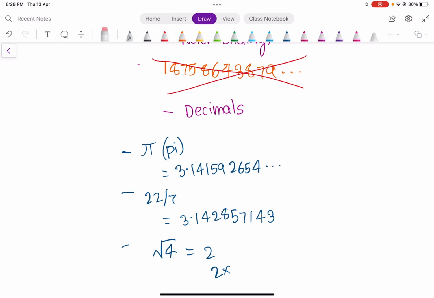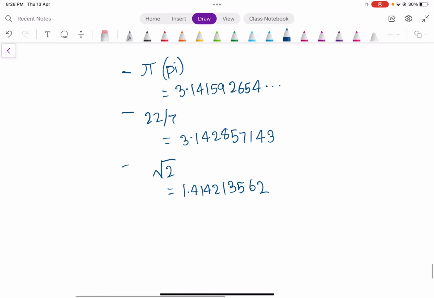So the square root of 2 is another irrational number, which is 1.4142135562. So that is another example of an irrational number, and there are a lot of numbers whose square root produces an irrational number.